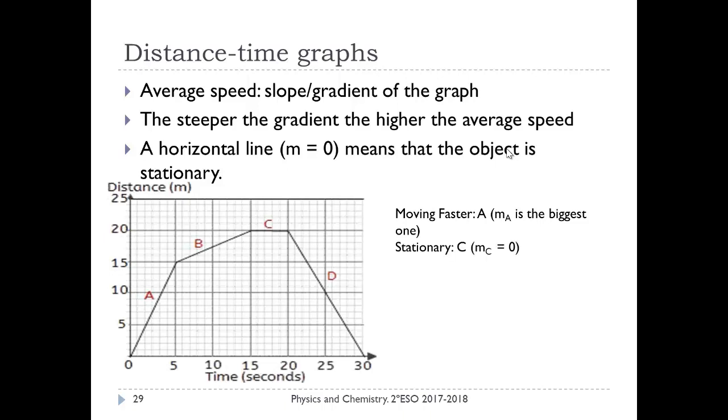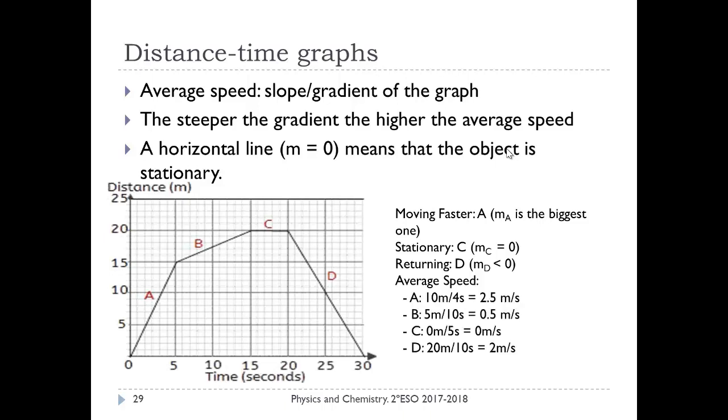It's stationary on line C because its gradient is 0. It's returning on D because its gradient is less than 0. And the average speed would be, in the first one, the division of the distance.